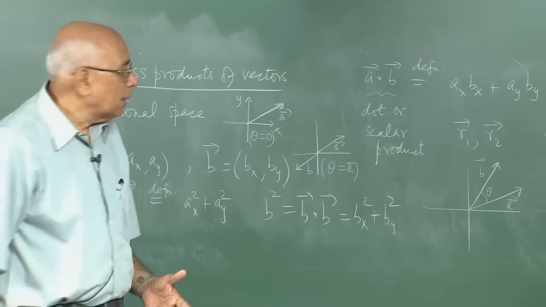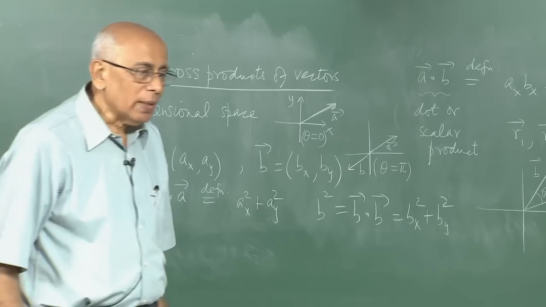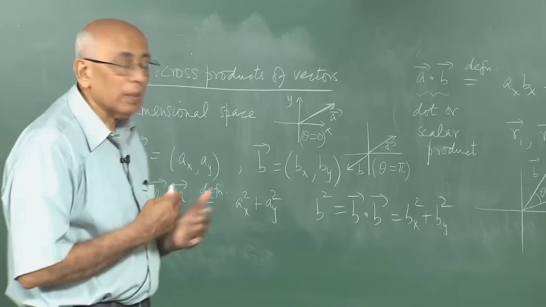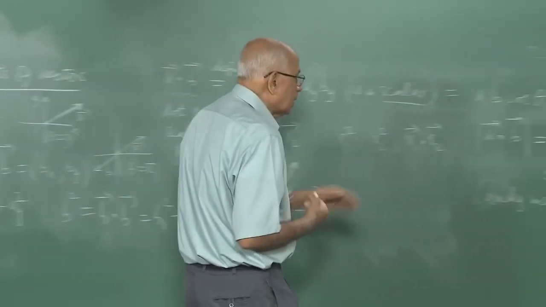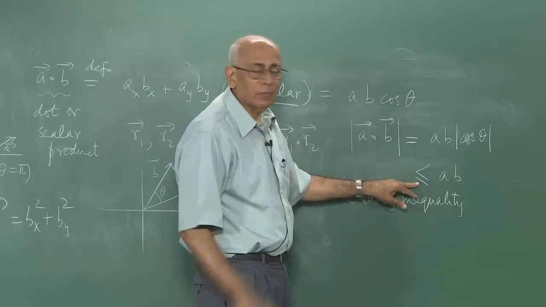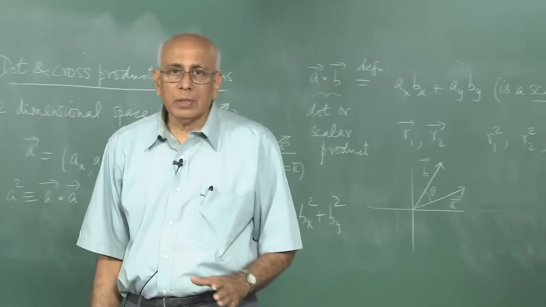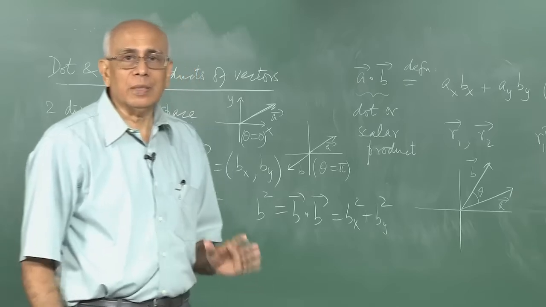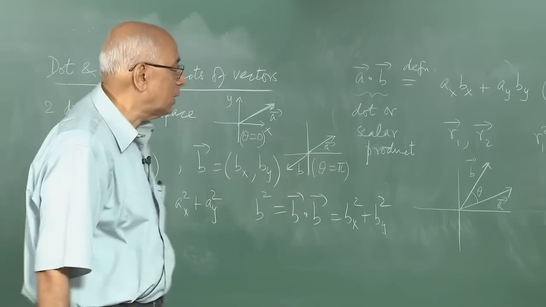It essentially says that when two vectors are linearly independent of each other, namely one cannot be written as a positive or negative number times the other vector, then this inequality strictly applies, and the equality applies if and only if the two vectors are collinear with each other. That is a very important observation which has got many generalizations, including the uncertainty principle in quantum mechanics. So it finally arrives from a generalization of this simple observation here.